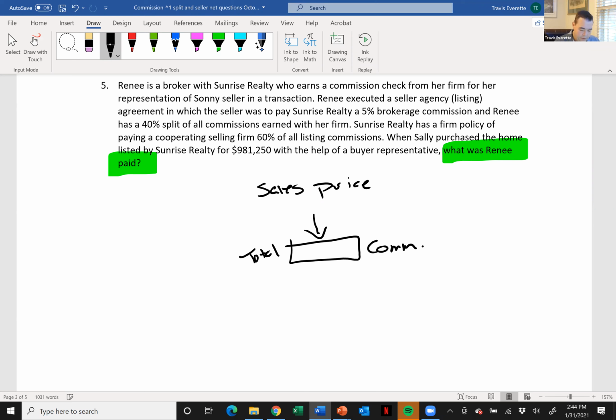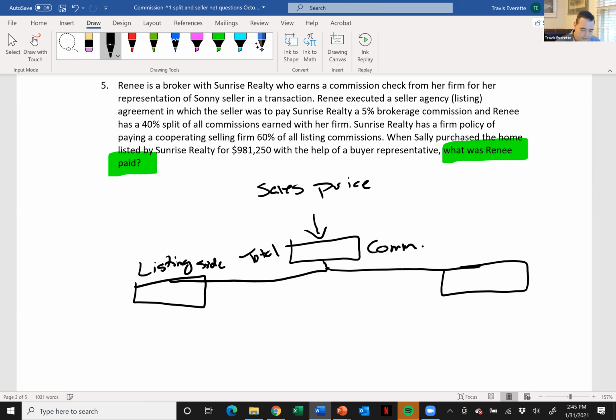Okay. And then we're going to split that total commission into a listing side and a selling side. And we need the big tree because it wants to go all the way down to Renee. So we're going to split each one of these again.